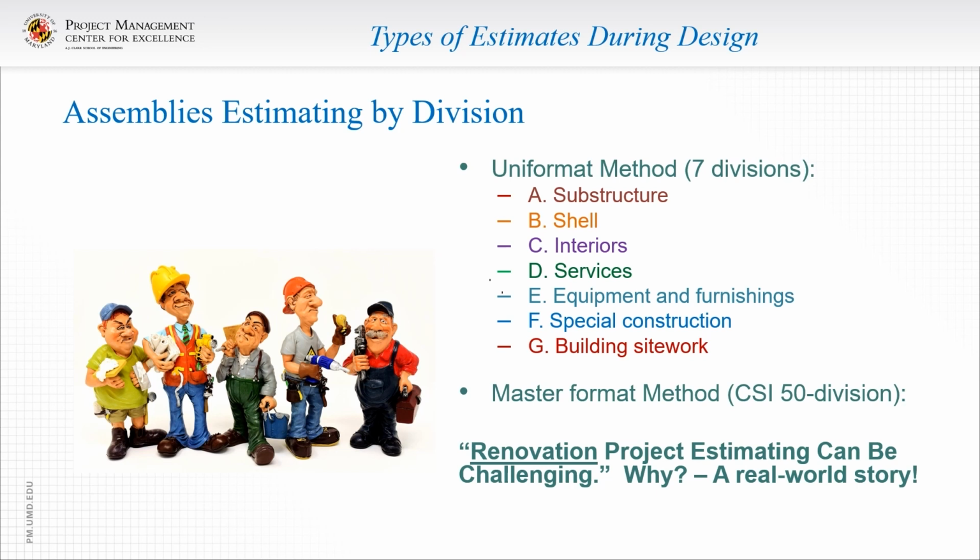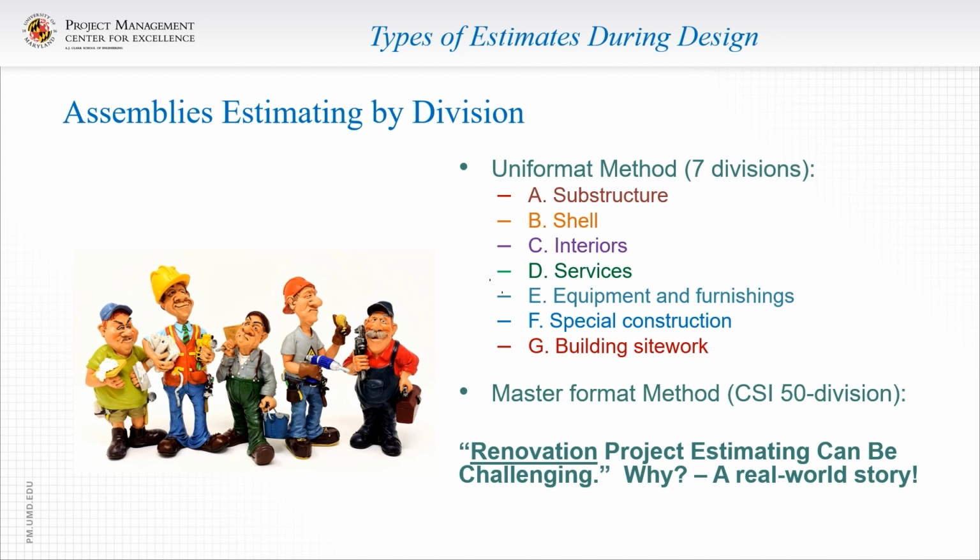Finally, let's talk about the renovation of a project. Project estimating can be challenging. Why? In a real world story of renovation. The reason for that is when you do a renovation job, there are many hidden costs, many unforeseen site conditions. When you take down a wall to renovate an existing condition of a wall, you don't know what's behind it. As-built record drawings sometimes depict what's there.